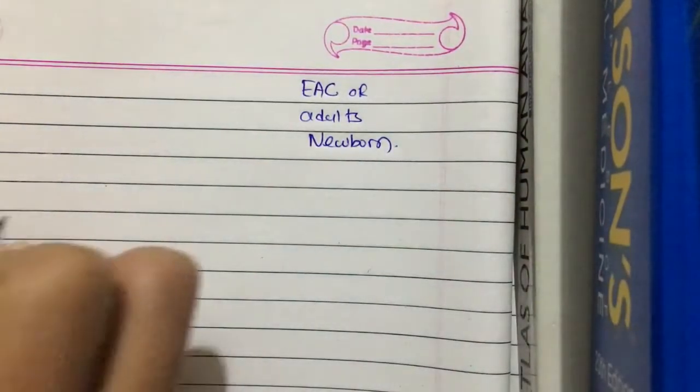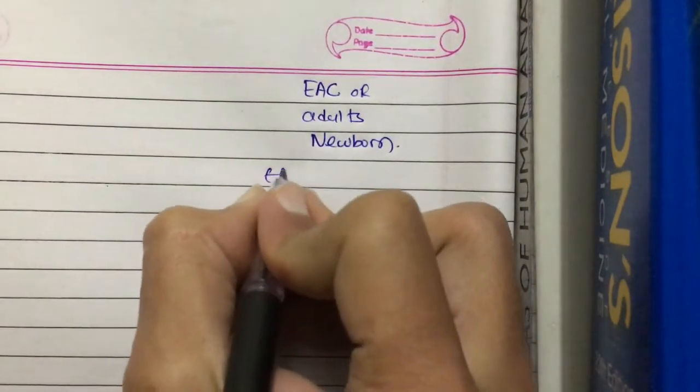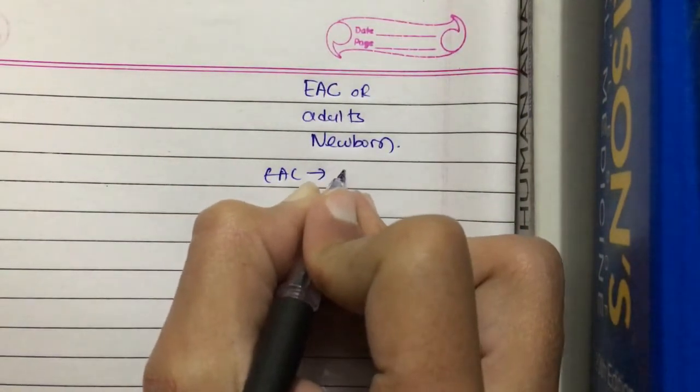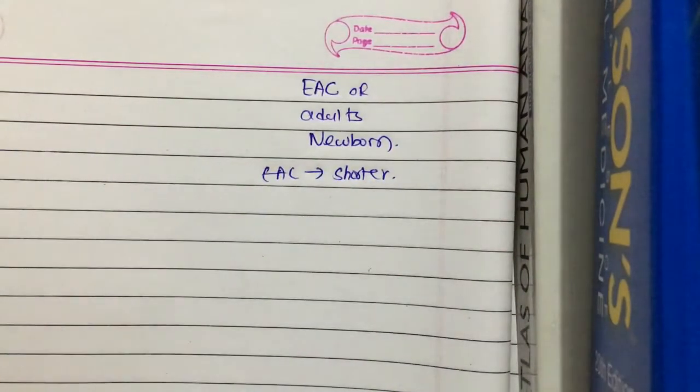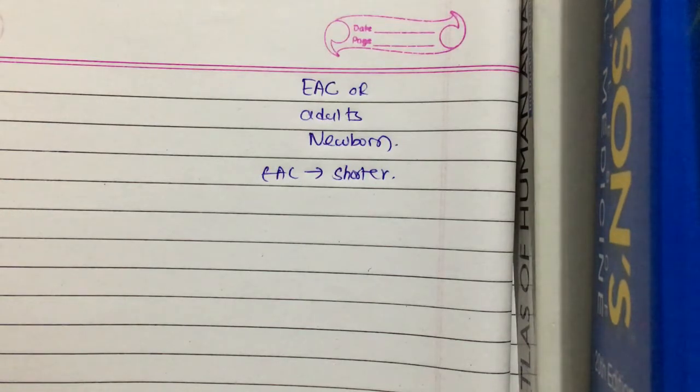Let us discuss some of the differences in the external auditory canal of adults and newborns. In the newborns, the external auditory canal is shorter. In adults it is 24 mm, whereas in newborns it is only 20 mm.